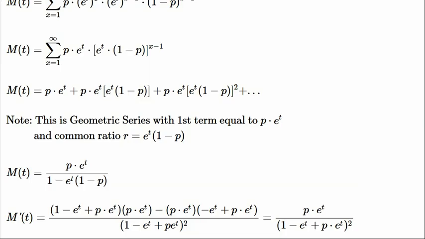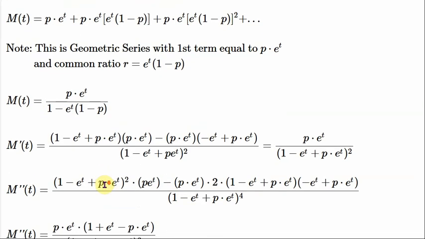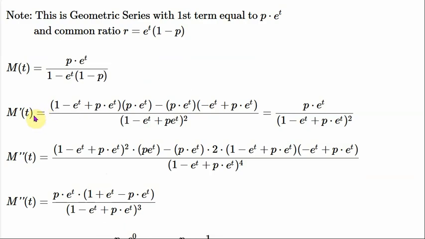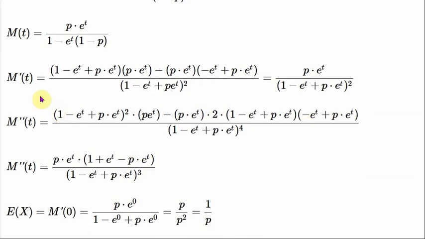And so from calculus, we have the sum of the geometric series is going to be the first term divided by 1 minus the common ratio. And then take the first derivative, and we end up with this. And then take the second derivative, we end up with this.